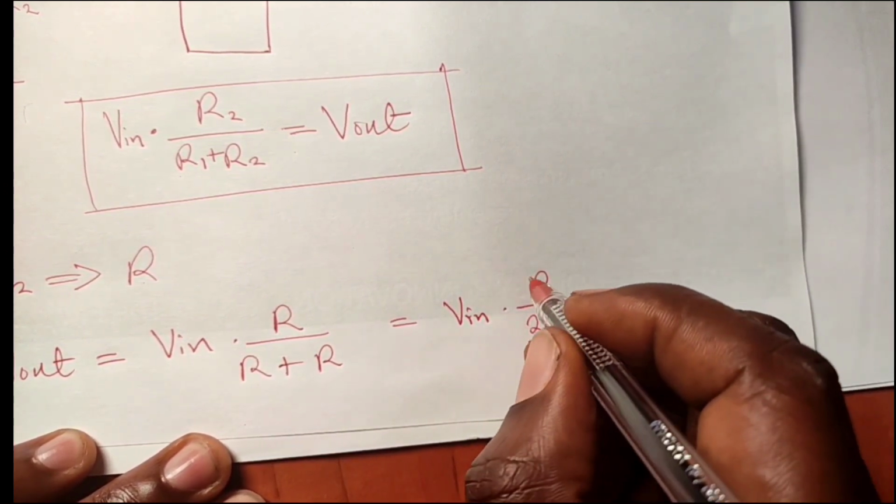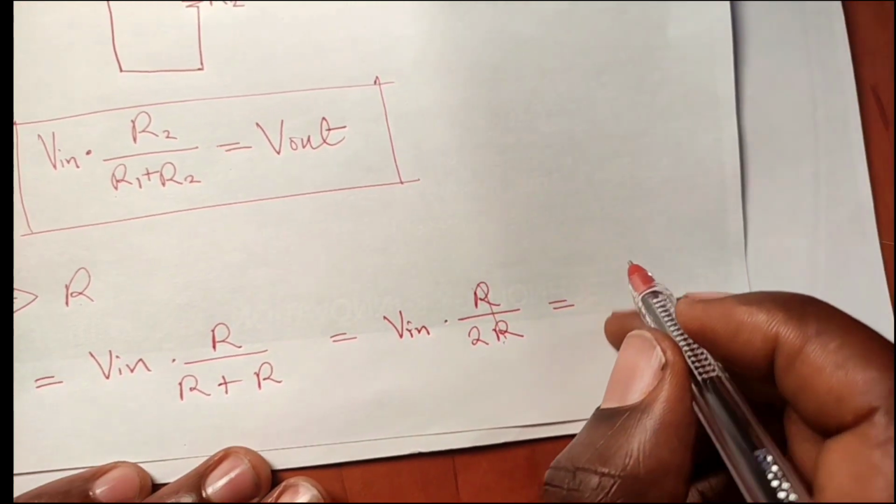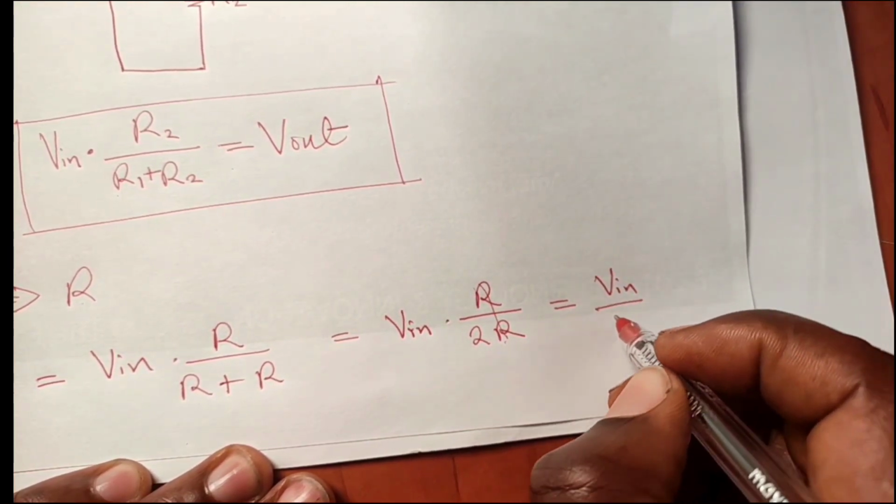You cancel R out, and what you have is V in all over 2.